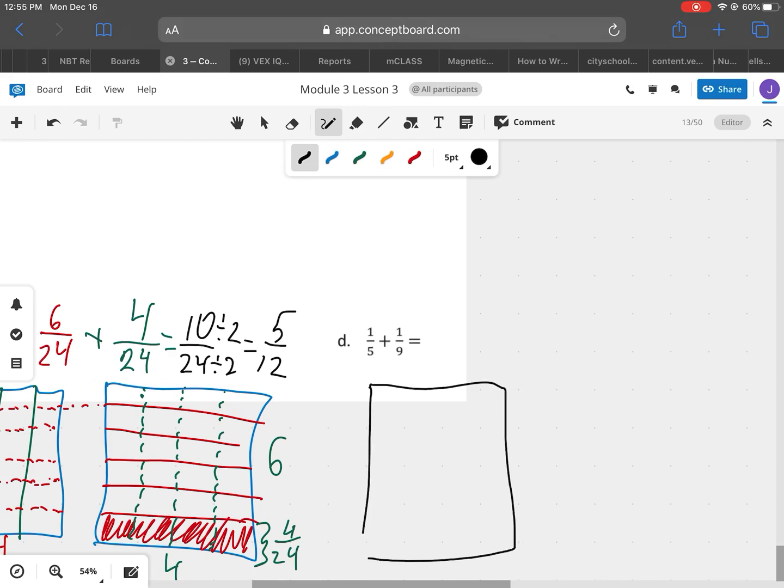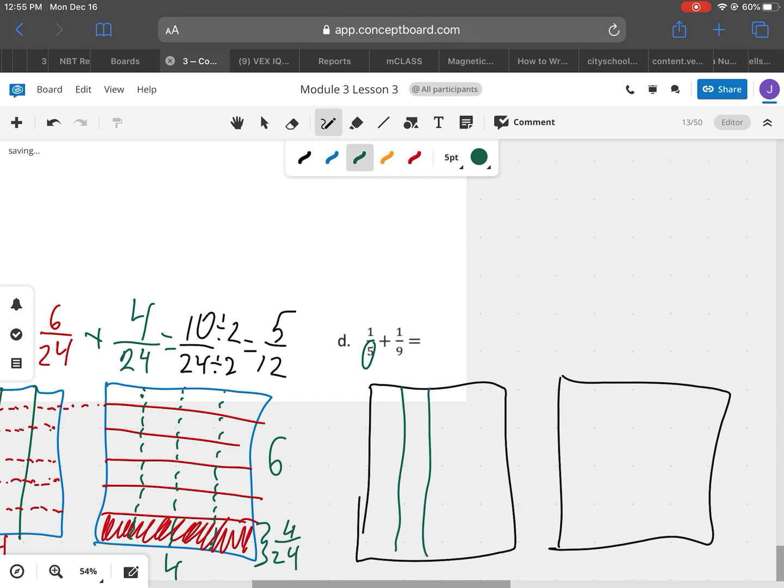Again, start off by drawing 2 rectangles. Divide the first one by 5s here to create fifths. Shade in whatever the numerator is, the top number, one of them.